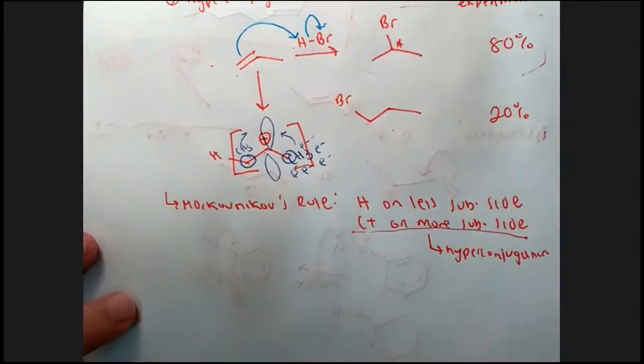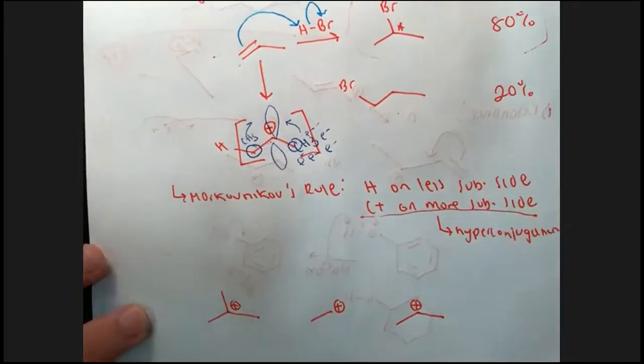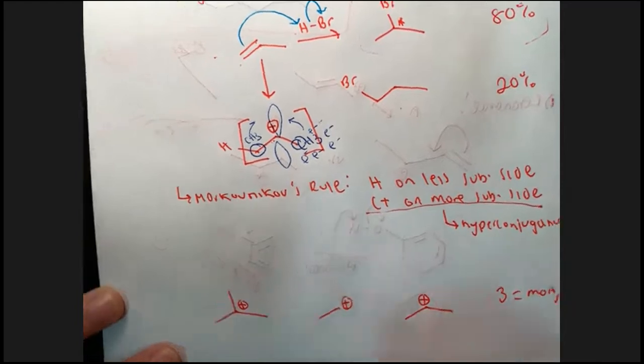And then in terms of ranking these, if I had to rank these molecules in terms of increasing stability, where 3 is the most stable, clearly this is 3, this is 2, and this is 1, and the logic there is hyperconjugation. We're going to call this a tertiary carbocation, and we call it tertiary because there are these 3 groups attached, 1, 2, and 3.